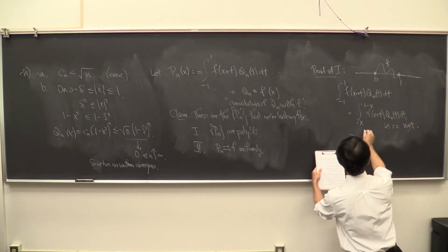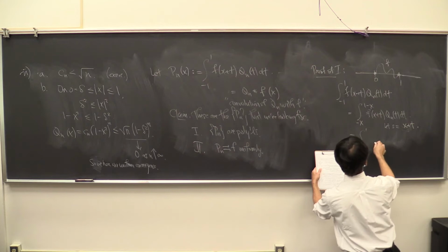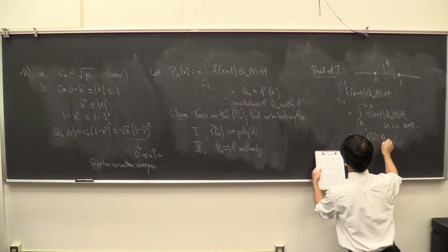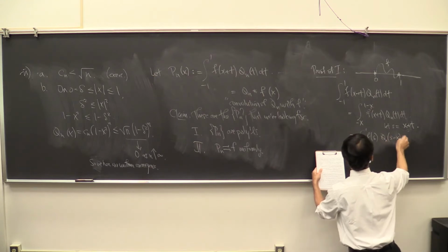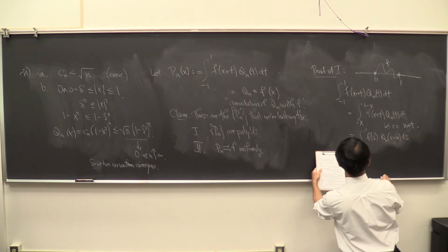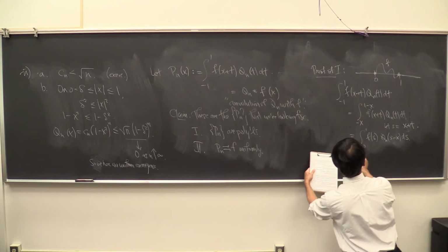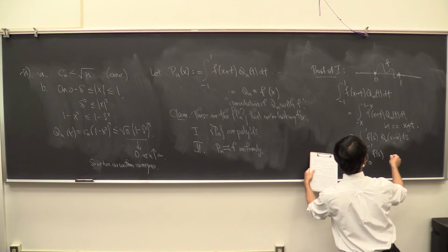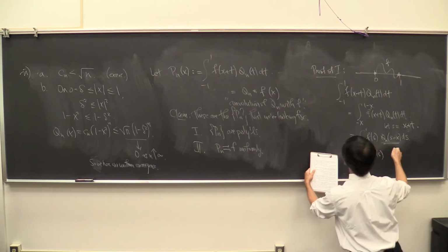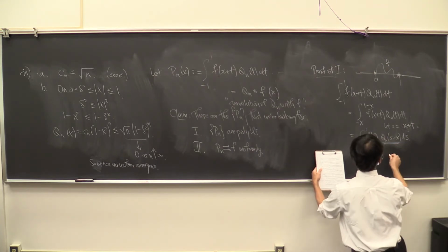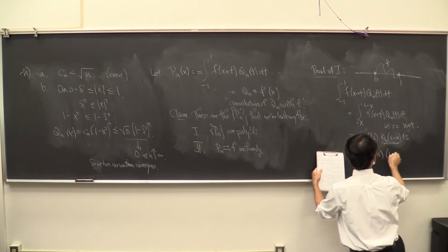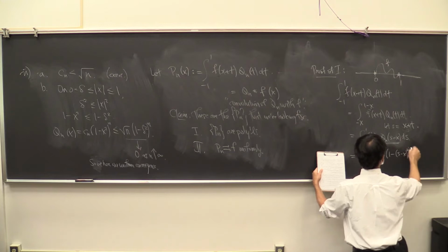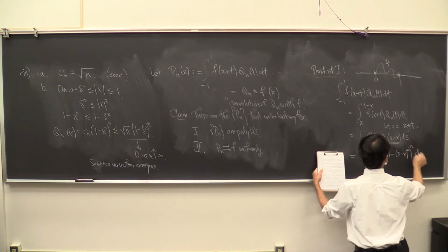And so this becomes the integral from 0 to 1 of f of s, q sub n of s minus x, ds, which, if we write it out, is f of s times, remember what q sub n was, q sub n was 1 minus the argument squared to the nth power.